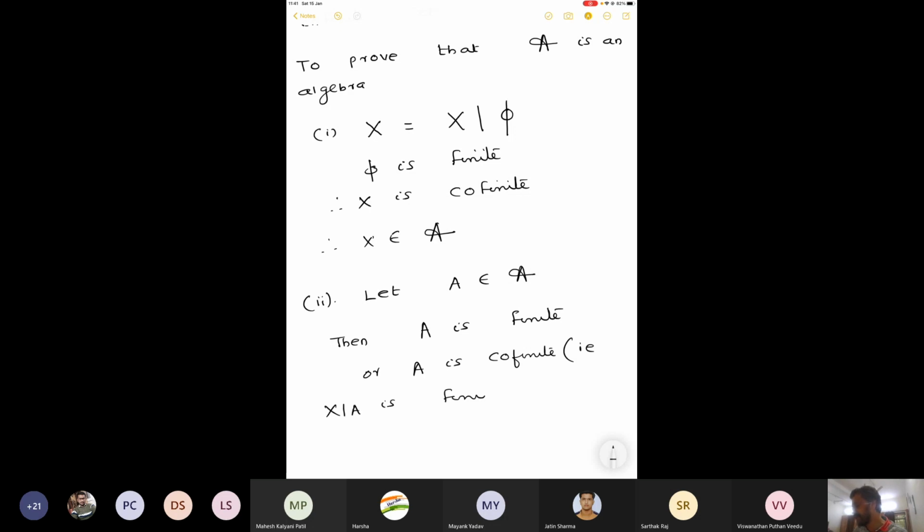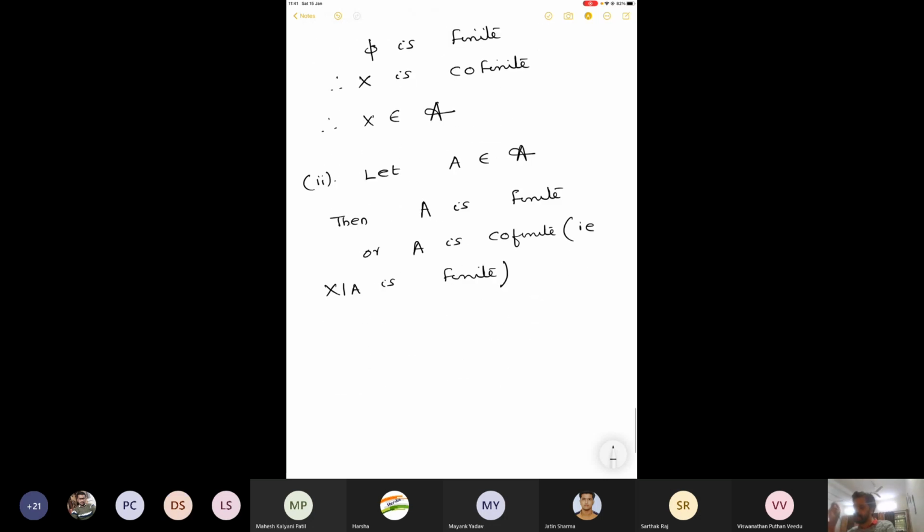Now, do you see that A complement will be in A? If A is finite, A complement is cofinite by the very definition. Though it is trivial, let me write it for the sake of completion.